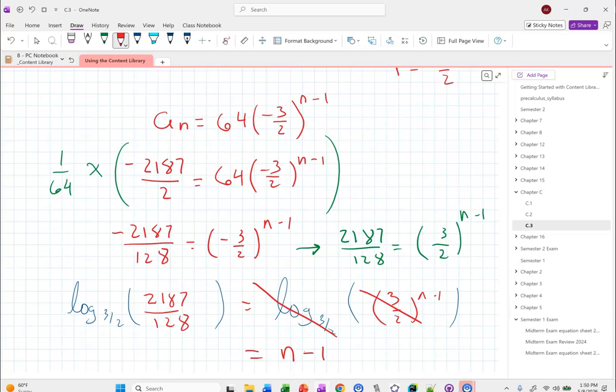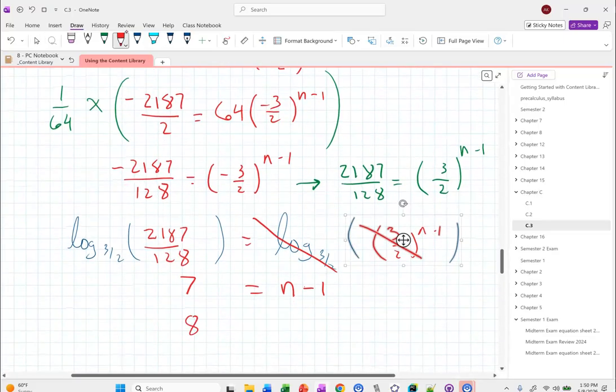Do you guys remember where the log base command is on your calculator? Math. Down at the bottom, it's just called log base. So I type that in, I get 7 to come out. So n is equal to 8.